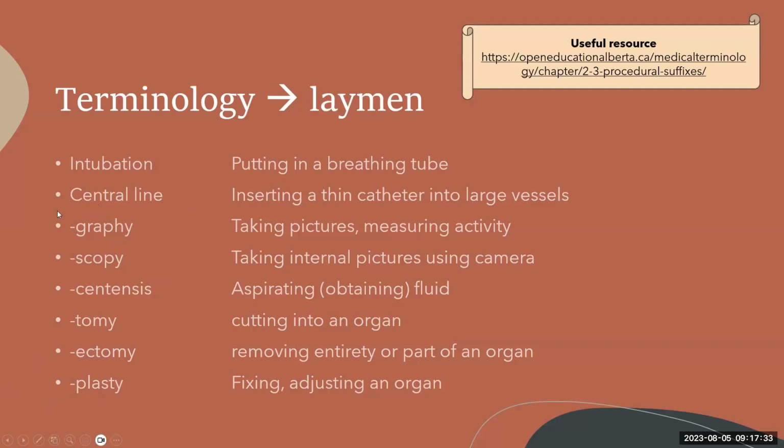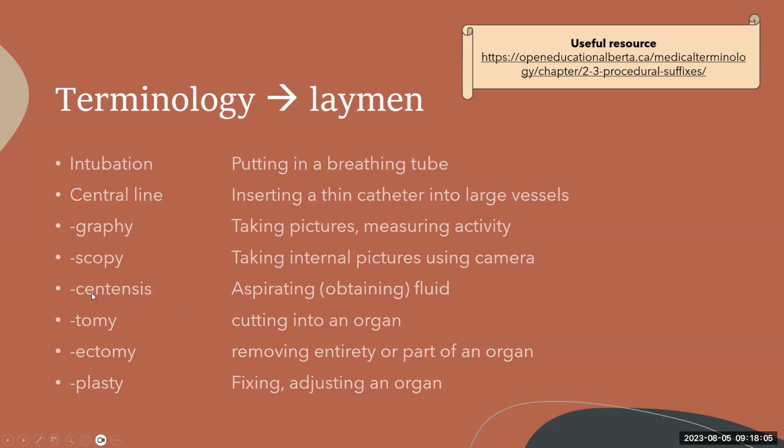Any kind of "-graphy" is taking pictures or measuring something. So radiography is taking a picture using X-ray, et cetera. "-Scopy" is taking an internal picture using a camera. So colonoscopy is the common procedure that we talk about. "-Centesis" is to aspirate or obtain fluid from a cavity, right?